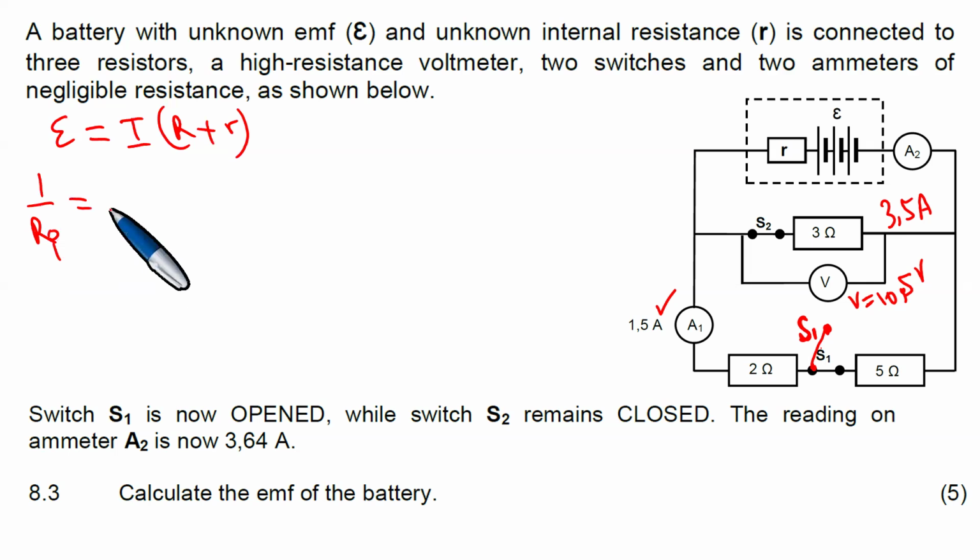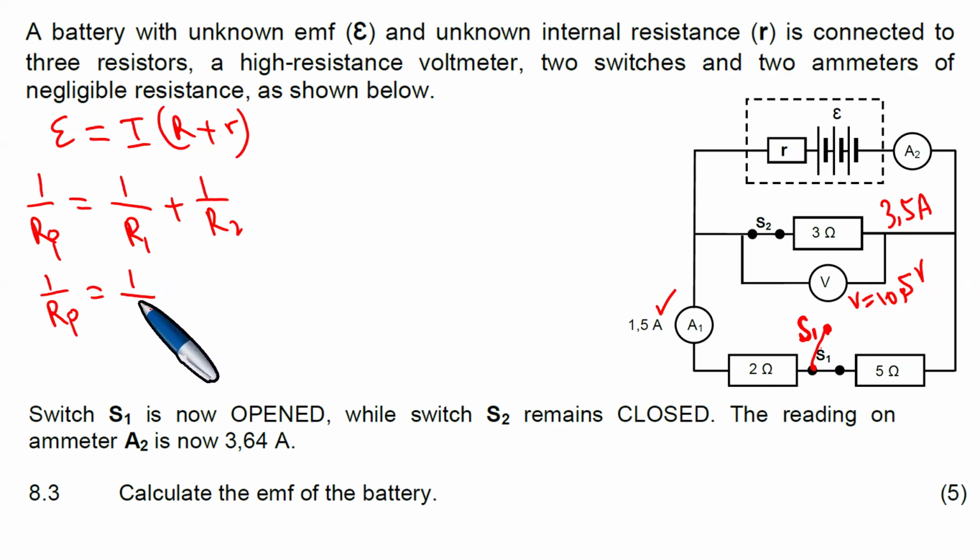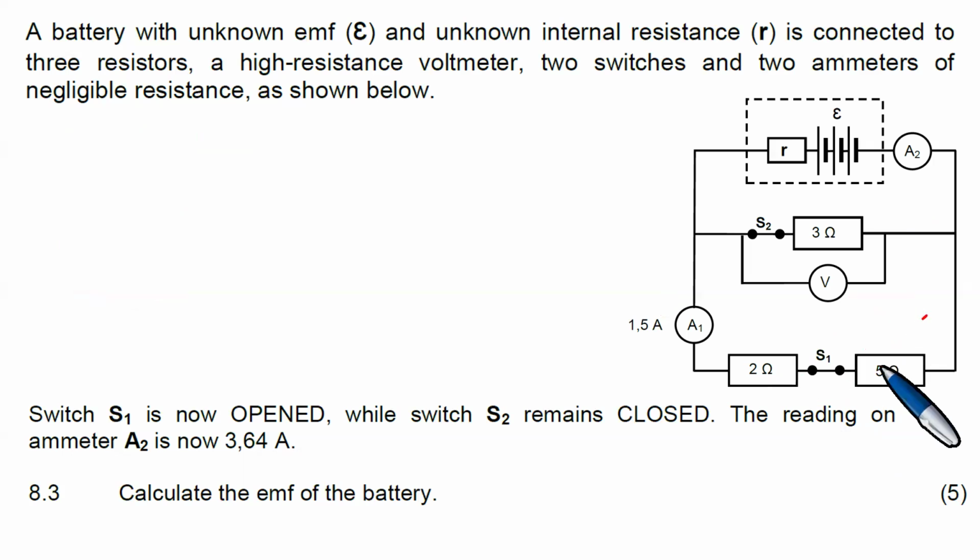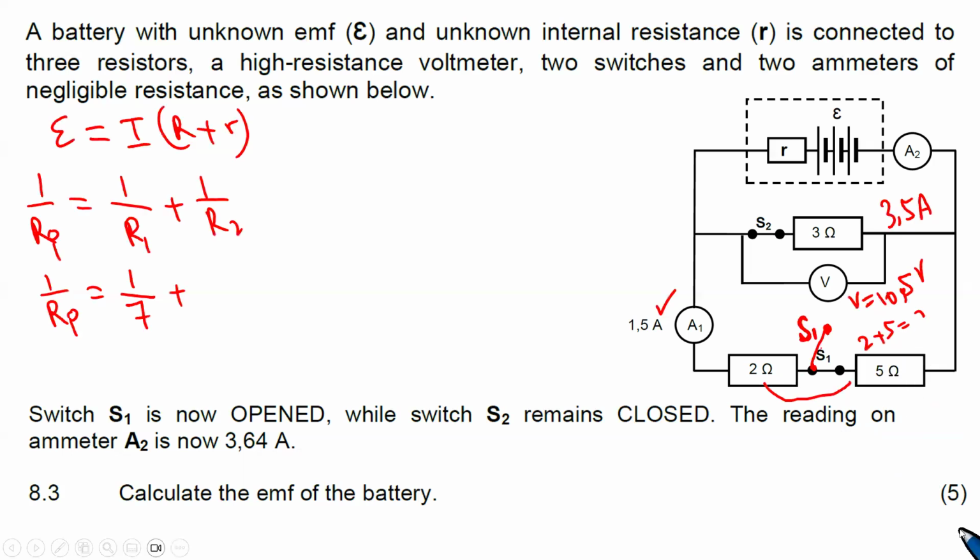1 over R parallel is 1 over R1 plus 1 over R2. 1 over R parallel is 1 over 7, because here it is exactly 2 plus 5, which gives us 7.